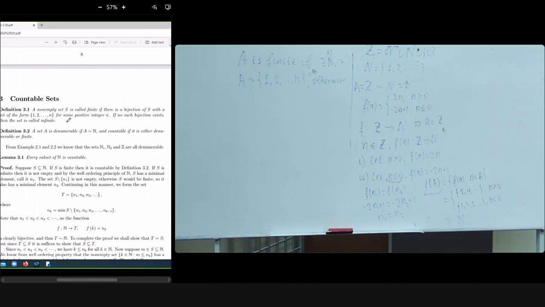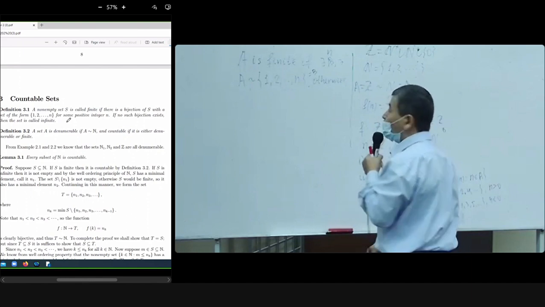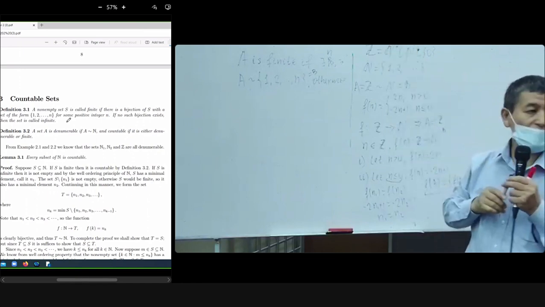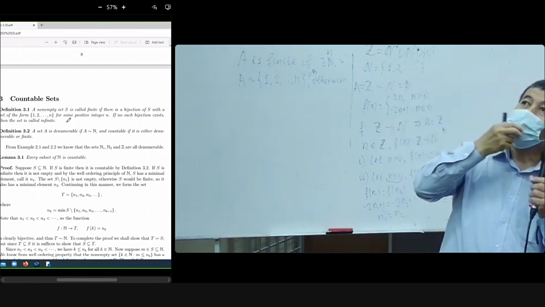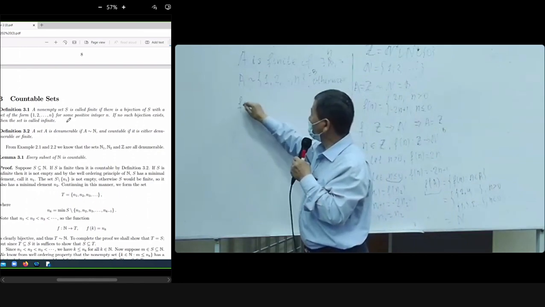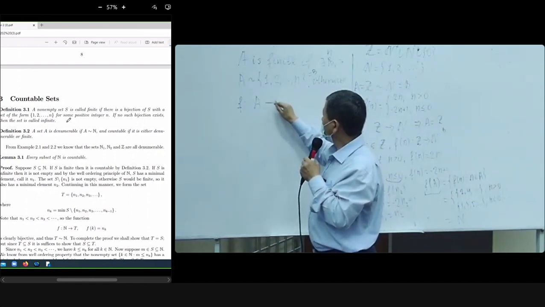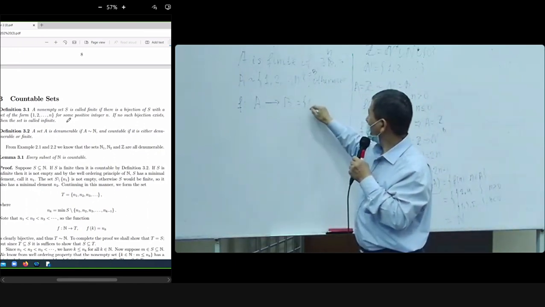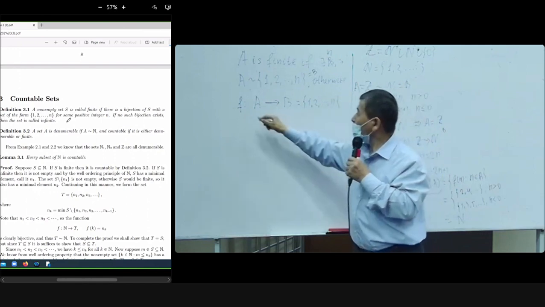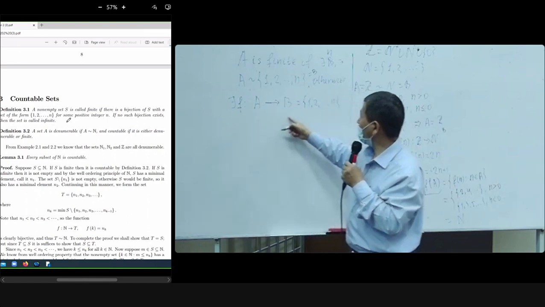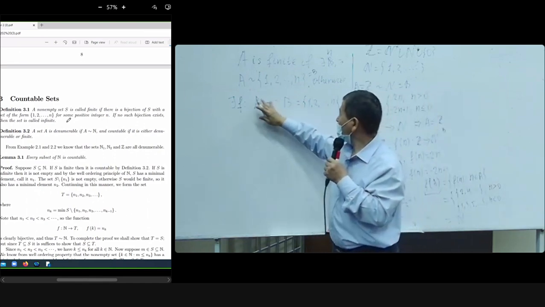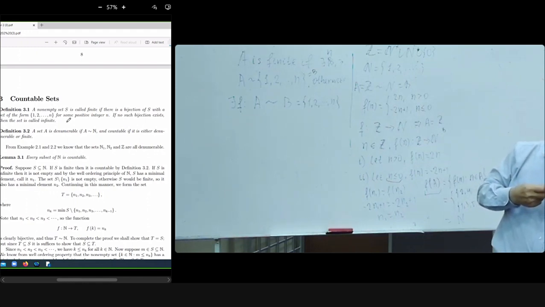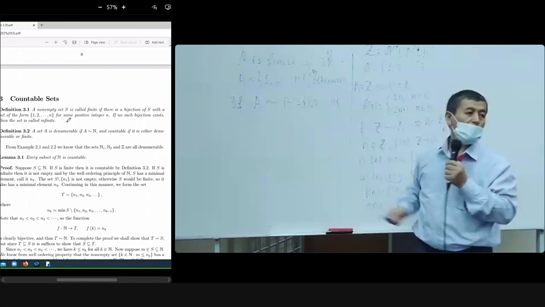For the finite set, pay attention again: a non-empty set S is called finite if there is a bijection function f from A to B, such that A is equivalent to B, for some positive integer n.